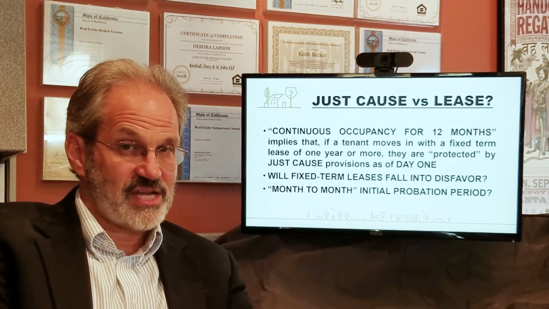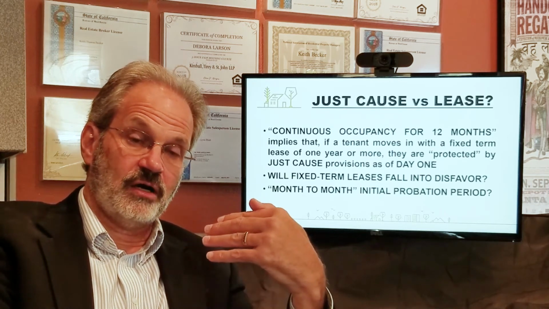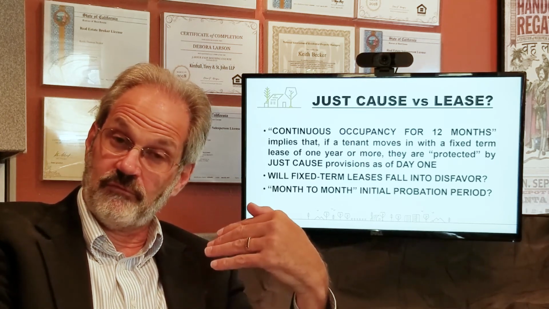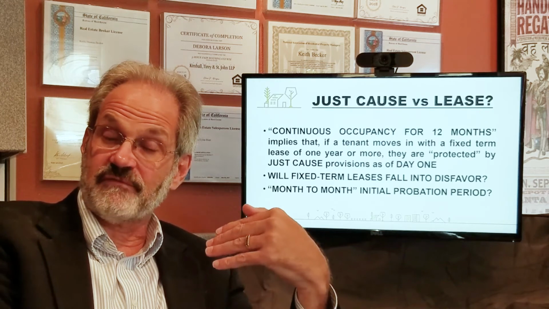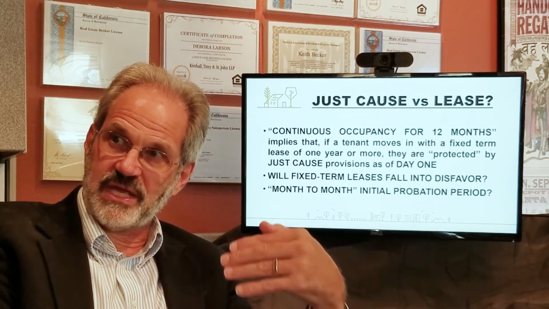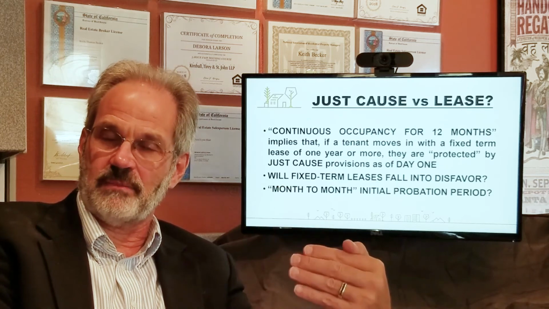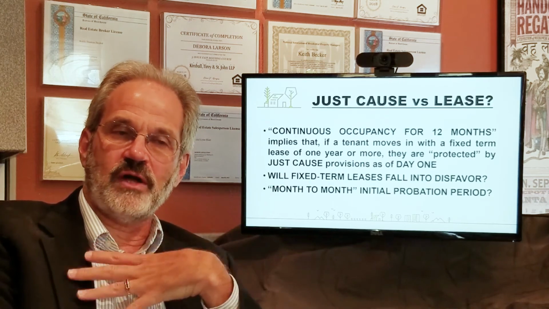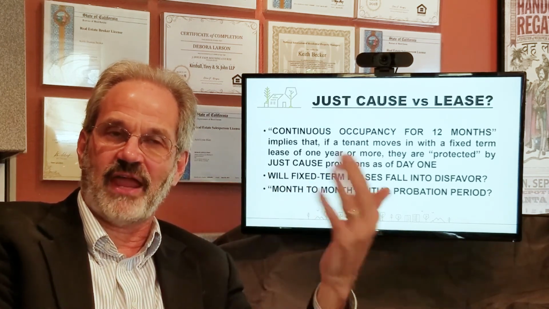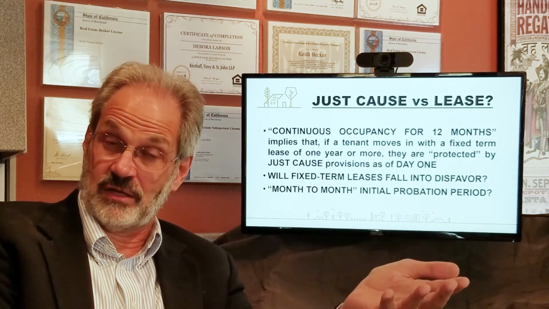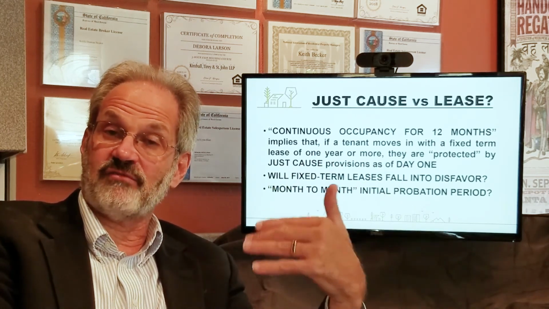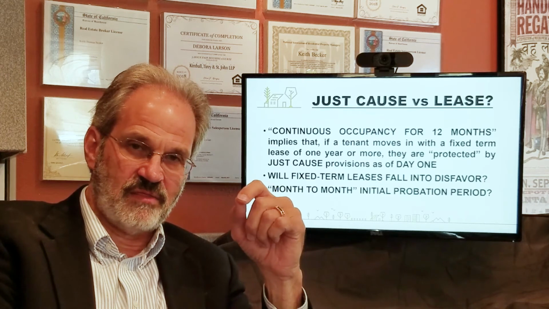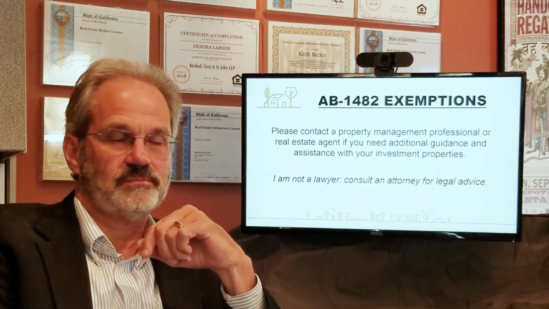So, it's entirely possible for properties where AB 1482 does apply, that fixed term leases will fall into disfavor because the first 12 months may very well be considered a probationary period for those tenants. As the housing provider, you want to ensure that you want to have a long-term relationship with that resident. Because once they have the protections, the decision to vacate, with very few exceptions, is in their hands, not the housing provider's.